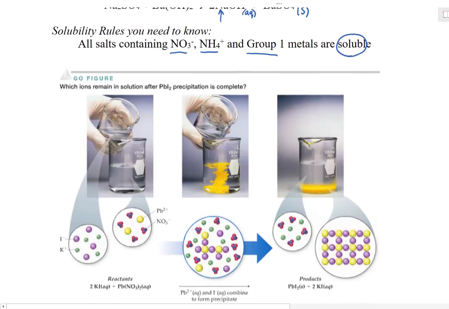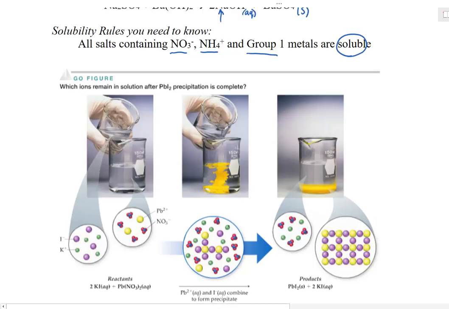This gives you a visual of what's happening in a precipitation reaction. This is the reaction of potassium iodide with lead nitrate. And the ions, as you know with ionic compounds, break apart in solution. So what's in each of these initial beakers is the ions distributed throughout the water.